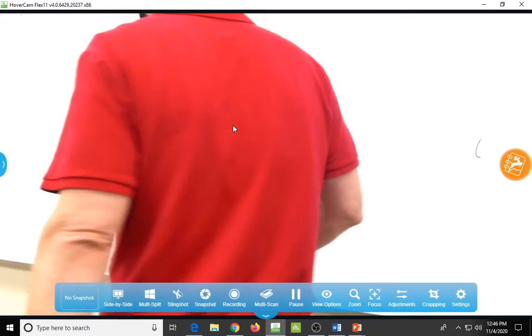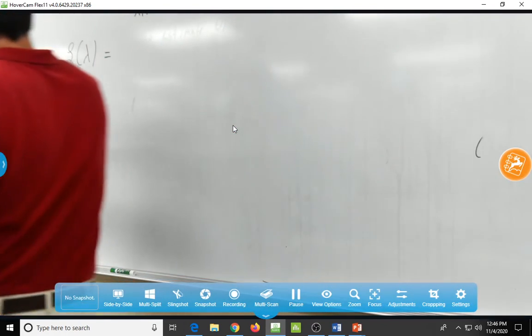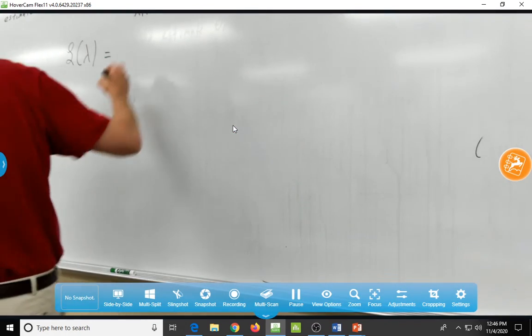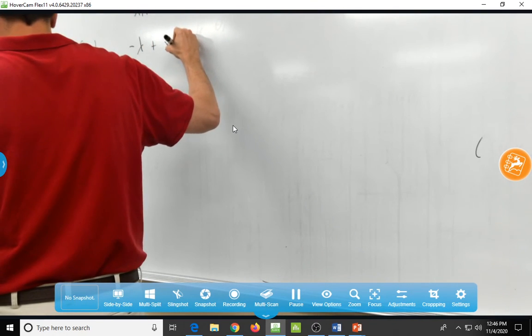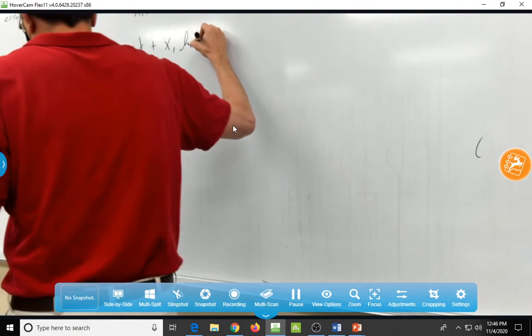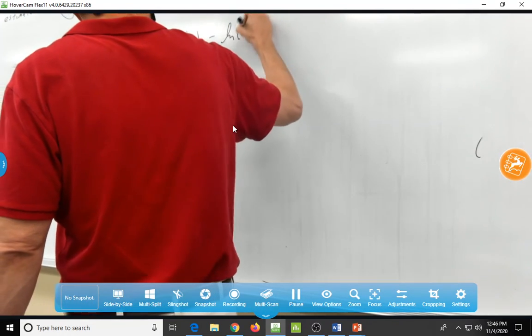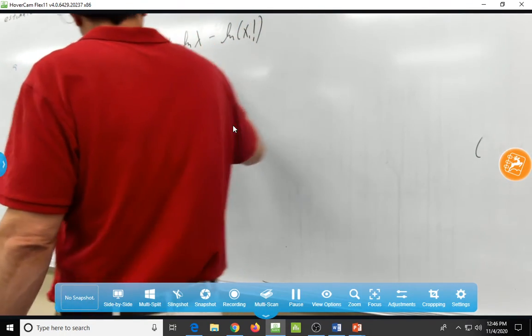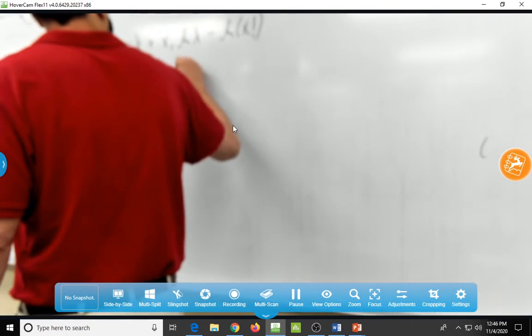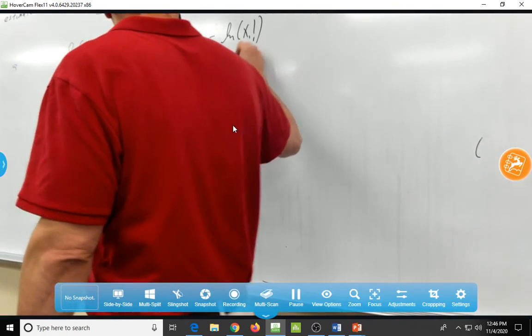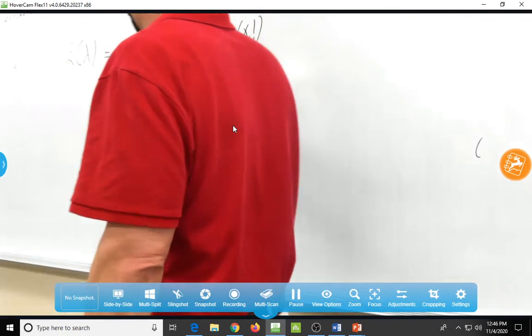So let's split this out then. For x1, I'd have minus lambda plus x1 natural log of lambda minus natural log of x1 factorial. For x2, minus lambda plus x2 natural log of lambda minus natural log of x2 factorial.